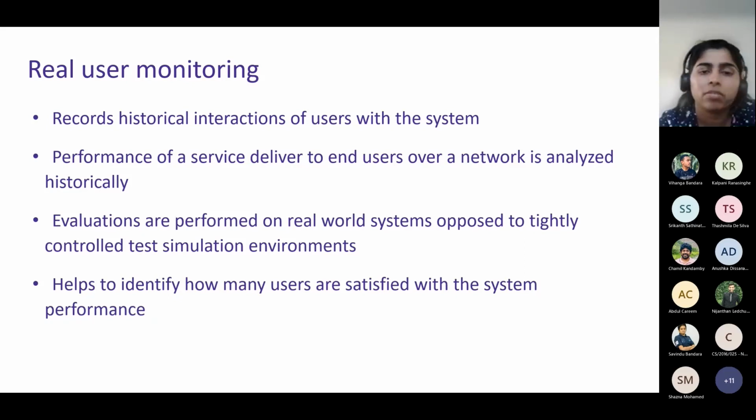So we can identify how many users can parallelly use this type of systems, and we can improve the capability to be used by parallel users. Such improvements can be done using real user monitoring details.